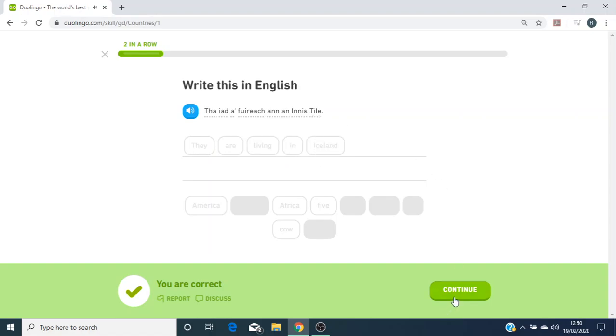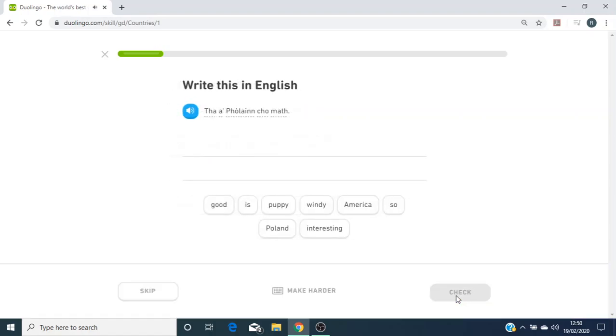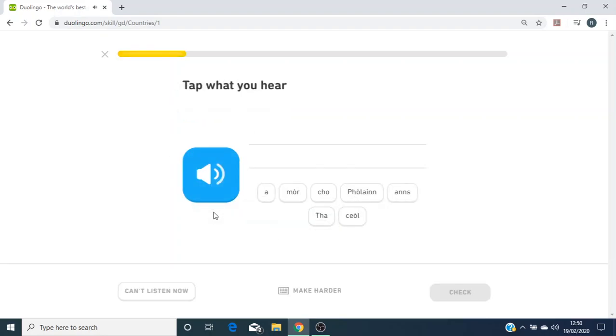It doesn't tell you the individual words, it just says Inis Chile is Iceland. Fólain is Poland, I think. Poland is so big.